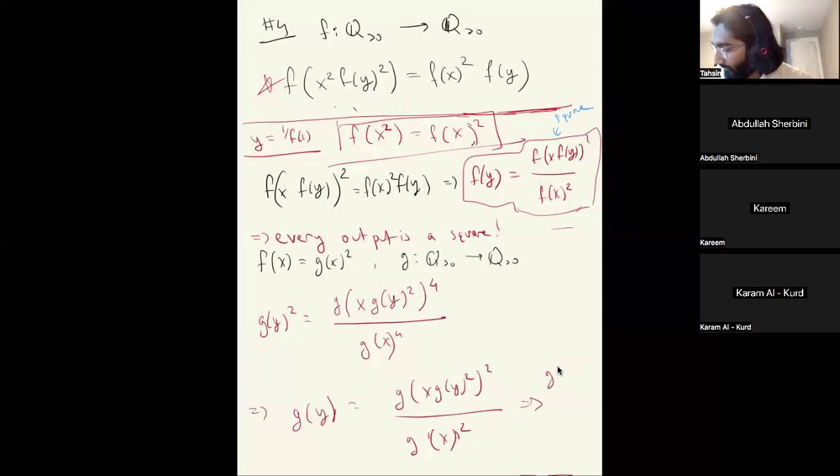So g of y is also a square. But this is weird, right? Because g was defined as the square root of f, right? And so if g is outputting squares, then f is outputting fourth powers. Yeah, so by infinite descent, there should be no such function, right?